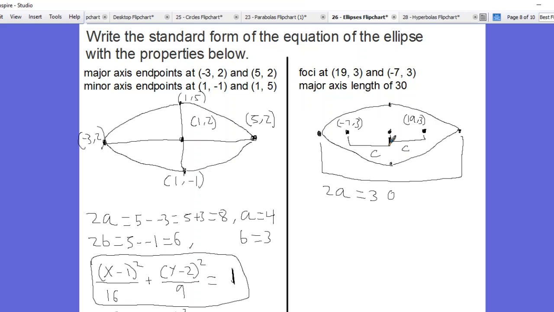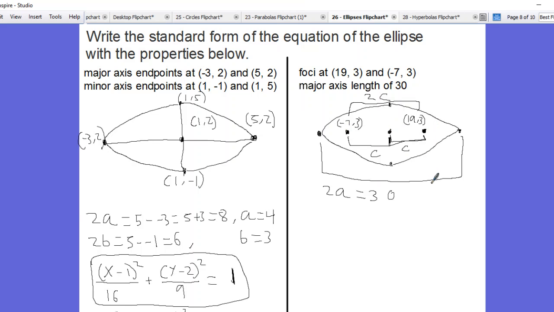If the distance between the center and one focus is c, the distance between both foci is 2c, because it's c to get from one focus to the center, and c to get from the other focus to the center.